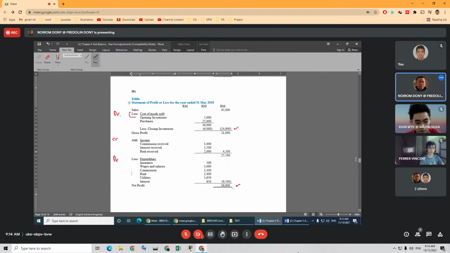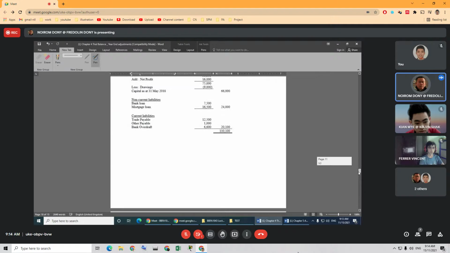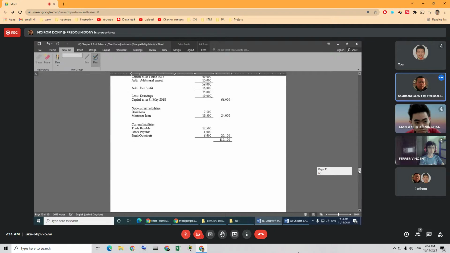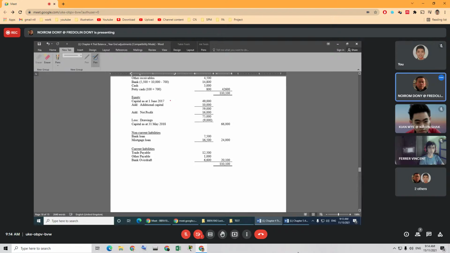Then the net profit belongs to the owner, so you put it under equity. First of all, the capital that we have identified, 49. We have the additional information saying the father gave him additional capital 10,000.